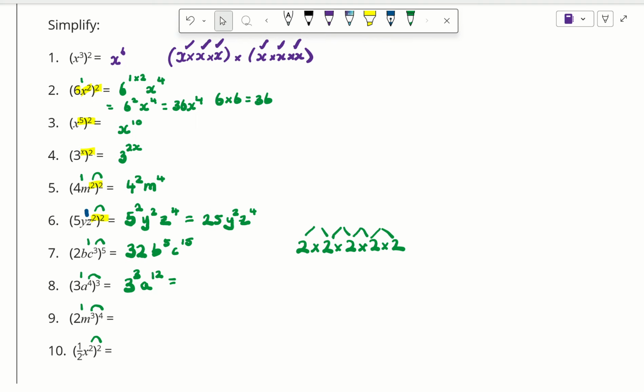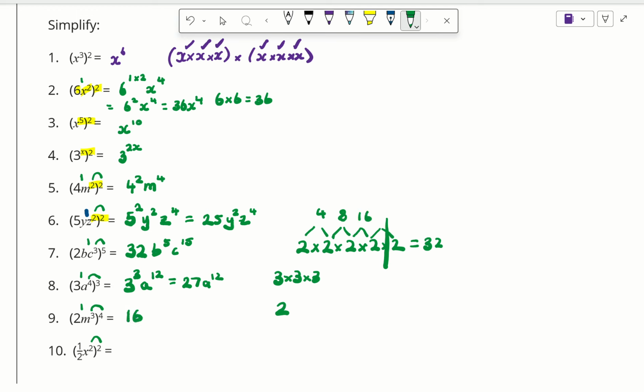And 3 to the power of 3, let's do that. 3 times 3 times 3 is 27. a to the power of 12. 2 to the power of 4. Well, we did 2 to the power of 5, which is 32. If I was to do that 4 times, we're going to get 2 twos are 4, times 2 is 8, times 2 is 16. So 2 to the power of 4 is 16.